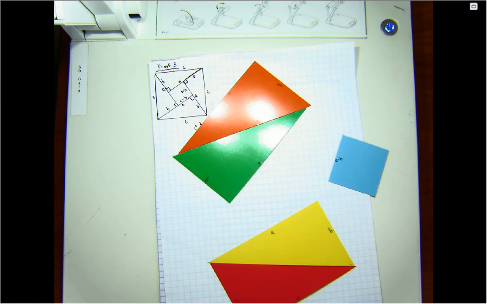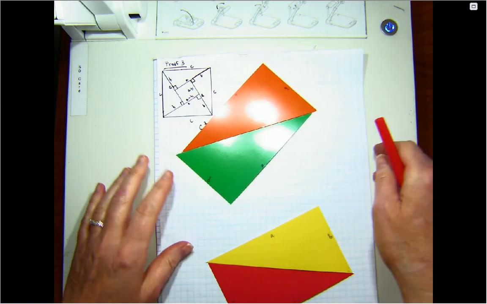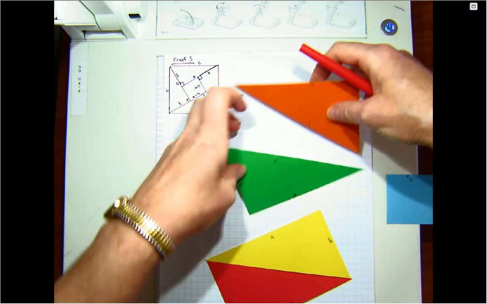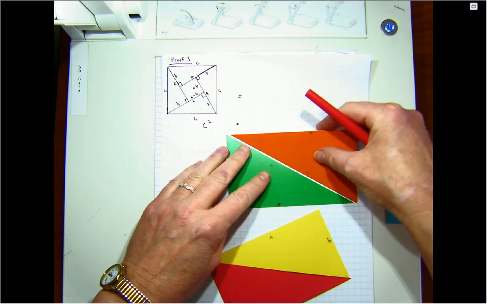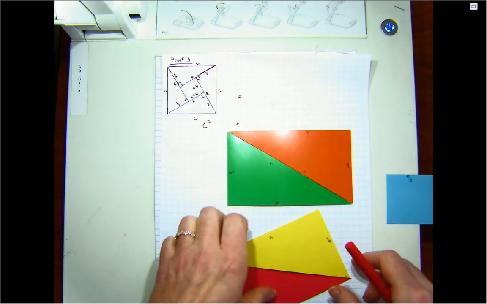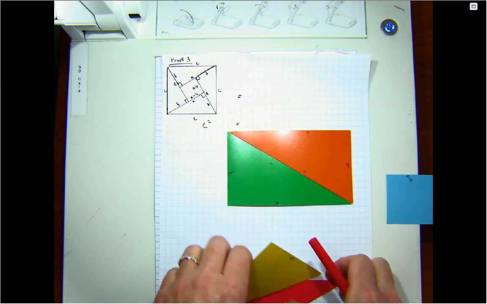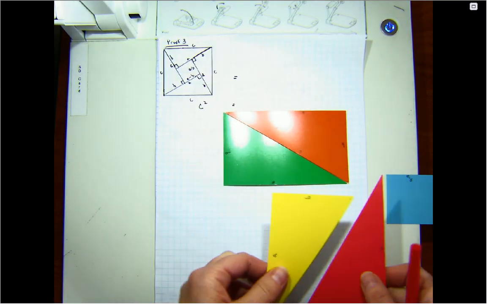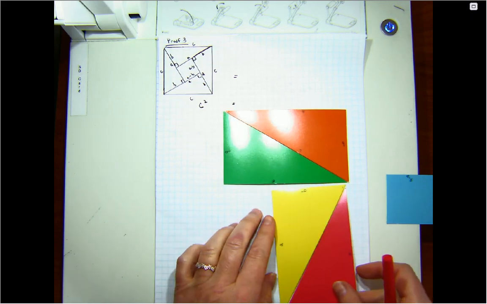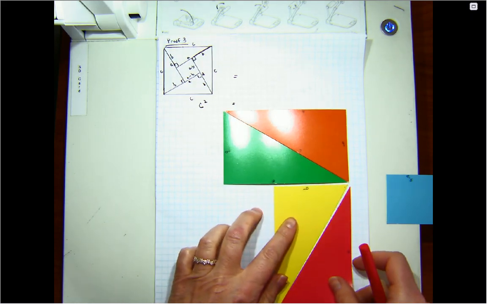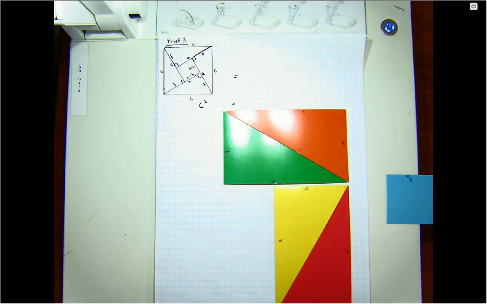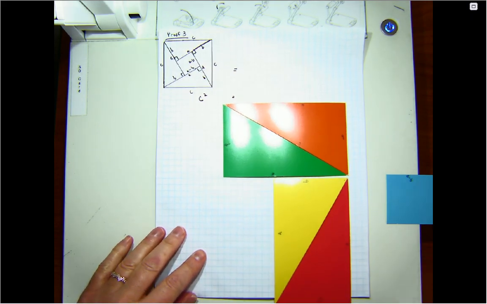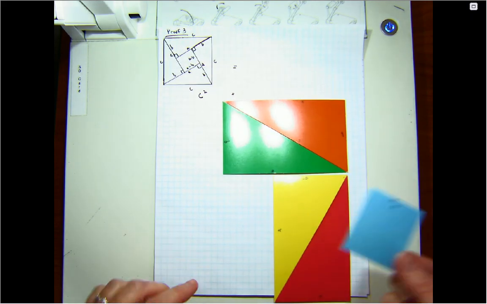So you have these two rectangles. So that makes an L, but we haven't used this last piece yet.